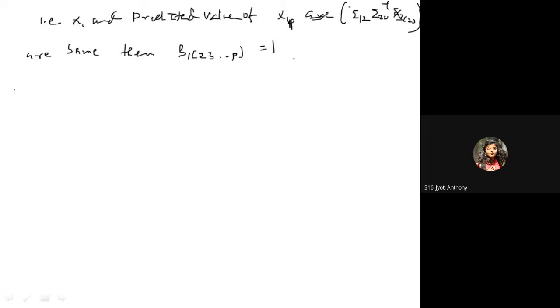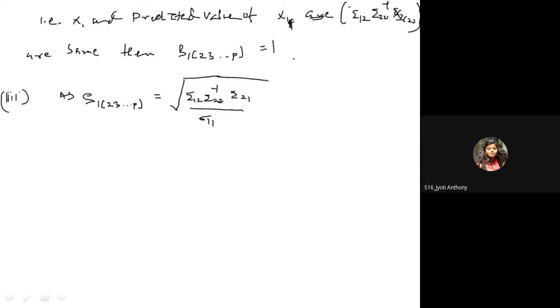Okay. Now we will see the third property. As rho 1 2 3 up to p, that is the multiple correlation coefficient, is defined by this formula, sigma 1 2 sigma 2 2 inverse sigma 2 1 divided by sigma 1 1.